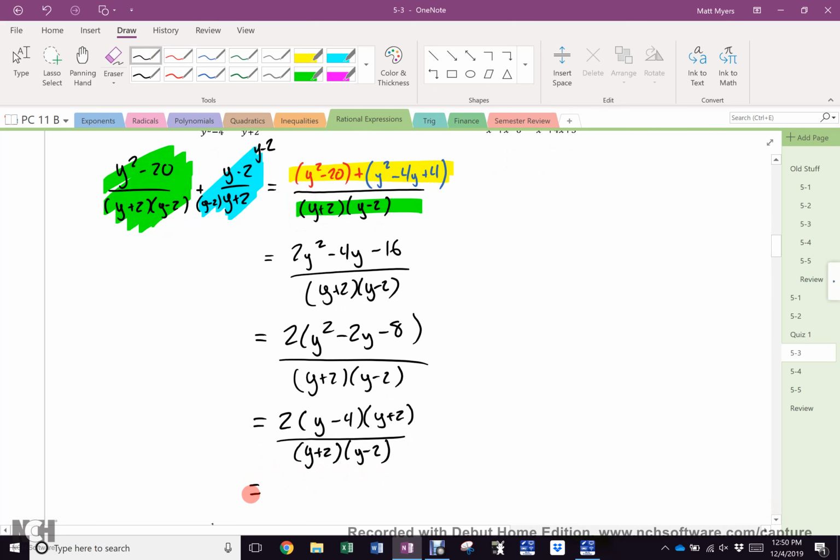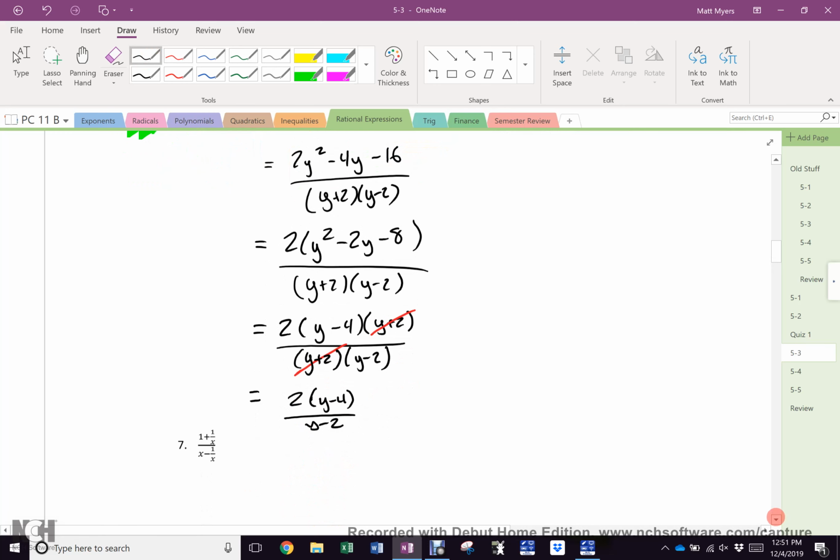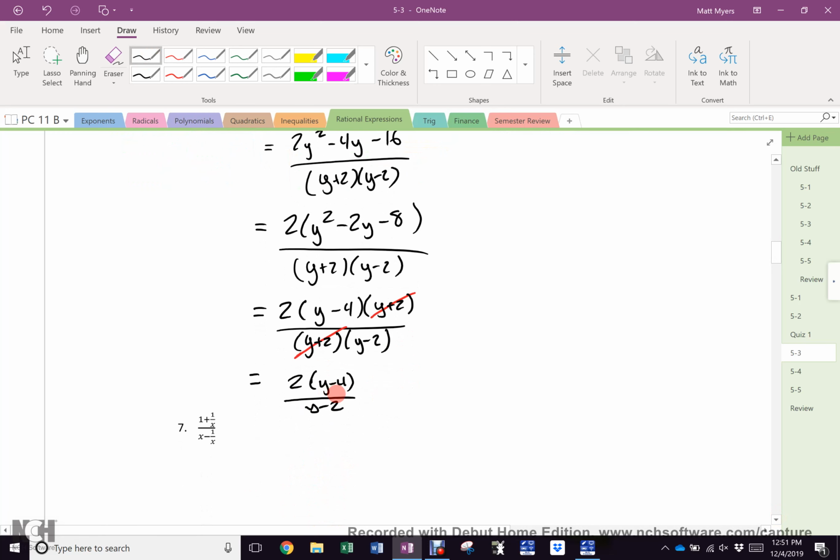What should he do now? Looking pointedly at the 5 factors which he has found. Cancel. Which ones? And what would your final answer be? Is it possible some clown would expect you to write 2y minus 8 over y minus 2? Yes.